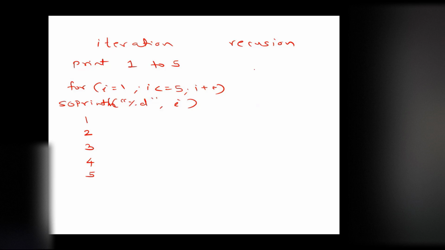Let's say we have a function print up to n, and in that case we can pass a value to that n. It will first print the value i with println %i.